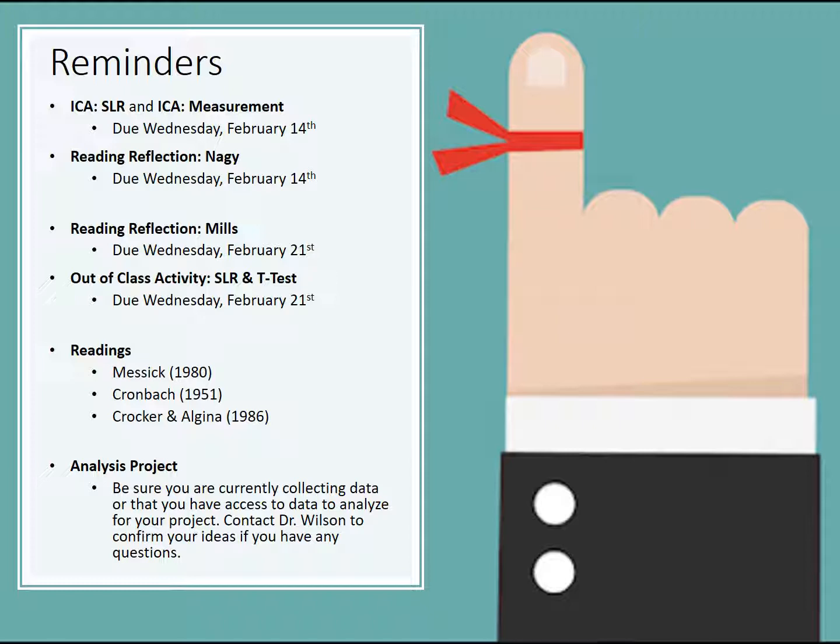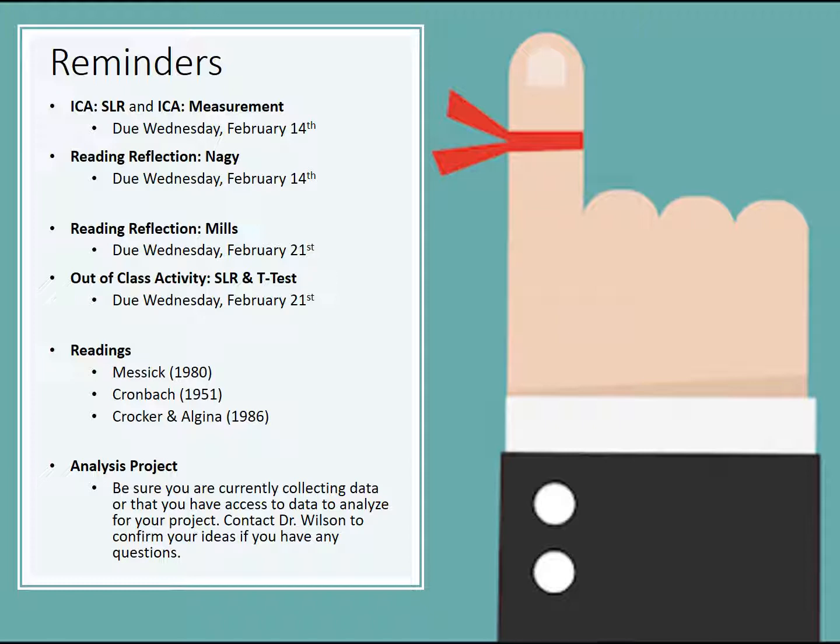And just as some reminders, your in-class activities will be due Wednesday before our class next week on Thursday, along with the reading reflection on Nagi, which would have been the reading for last week. Upcoming, on the 21st, you'll have the reading of Mills, and also our first out-of-class activity will be an analysis using simple linear regression and t-tests.